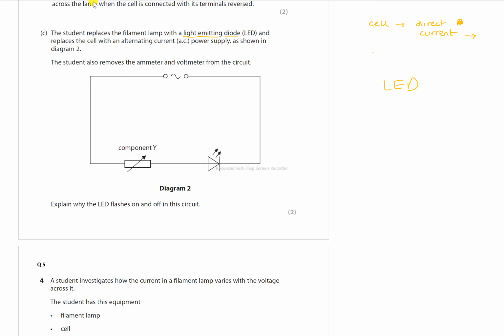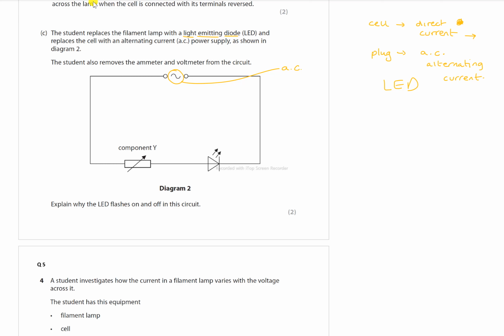The power that comes out of the sockets in the wall is AC, alternating current. The student removes the ammeter and voltmeter from the circuit. So can you see this symbol here? That tells you it's an AC supply, alternating current supply.